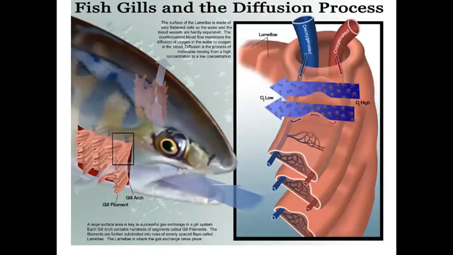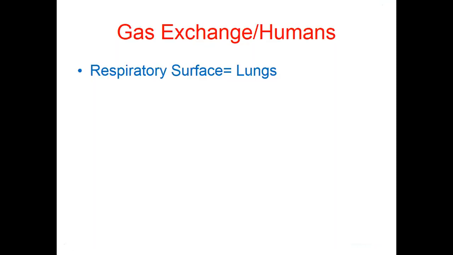This is what we are talking about. This is the current of water rich in oxygen. It becomes low in oxygen when it exchanges gas with the fish gill.